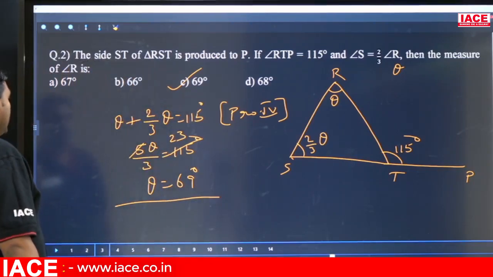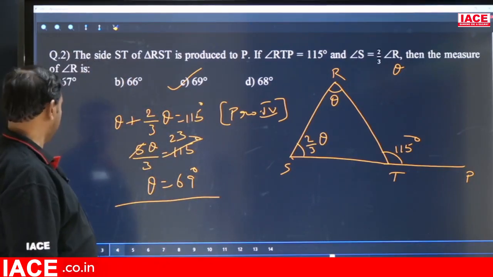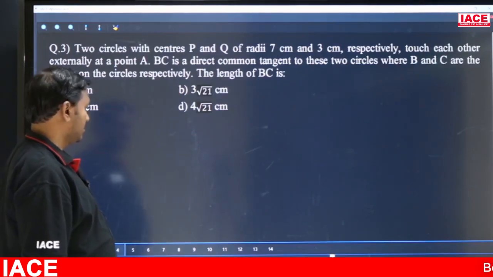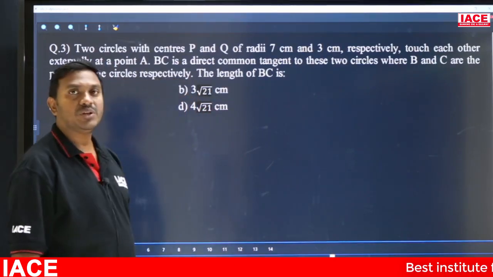Then question number 3. Again a geometry question.